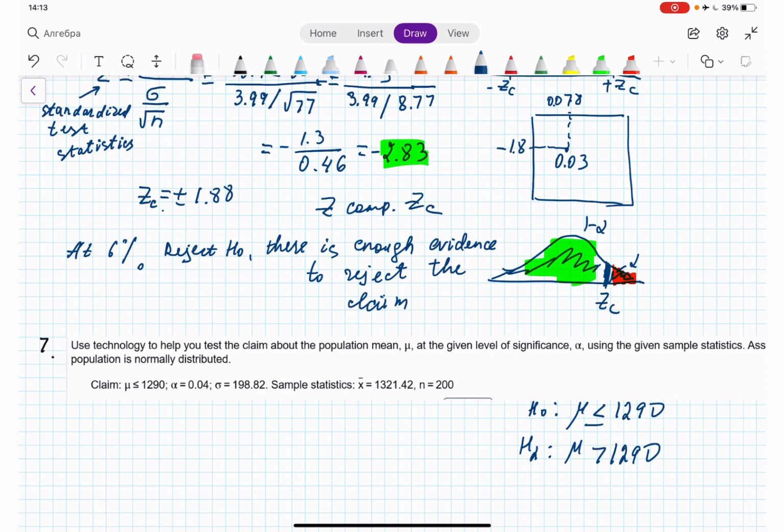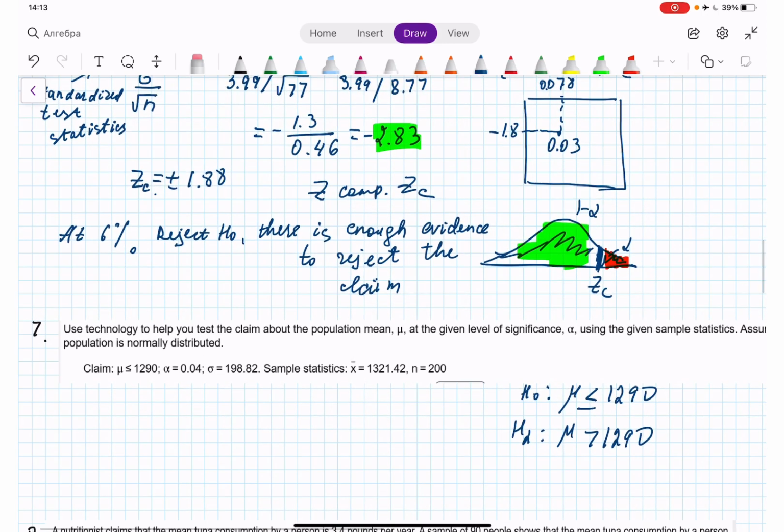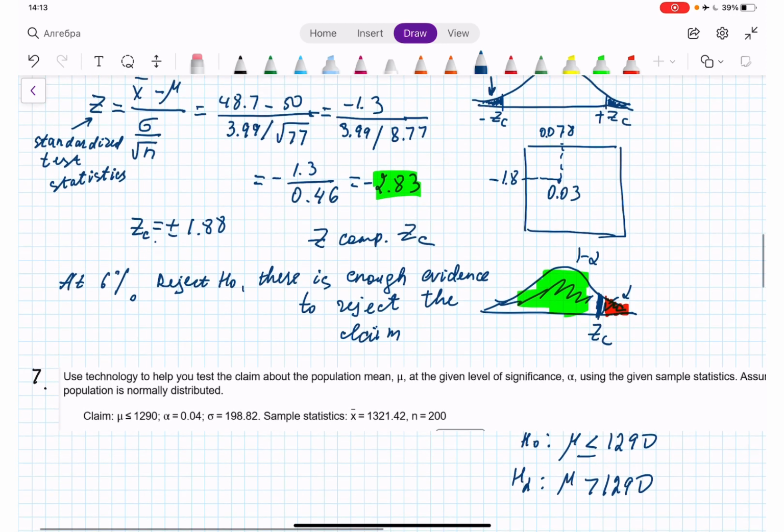All right, next we need to find the standardized test statistic. Okay, we can do that. Our formula for the standardized test statistic is x bar minus mu divided by sigma over square root of n.